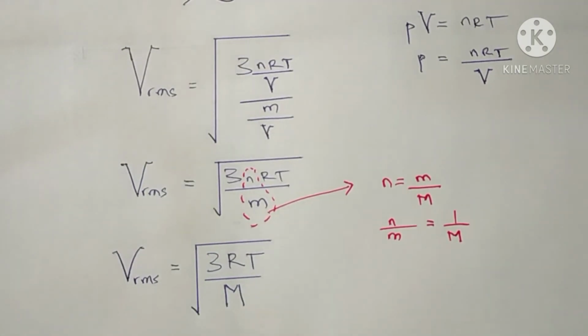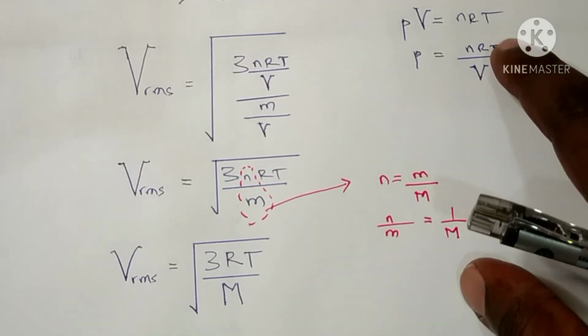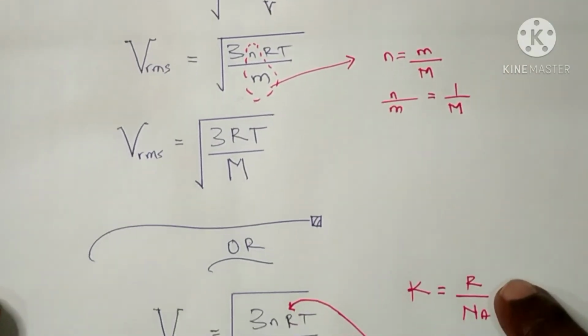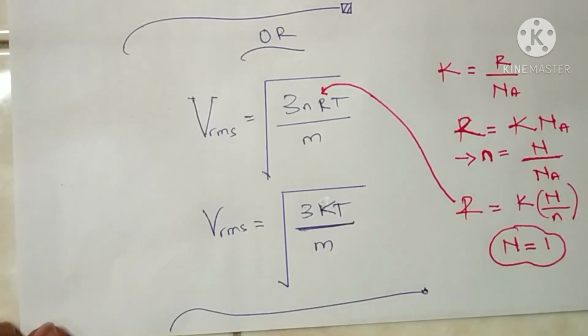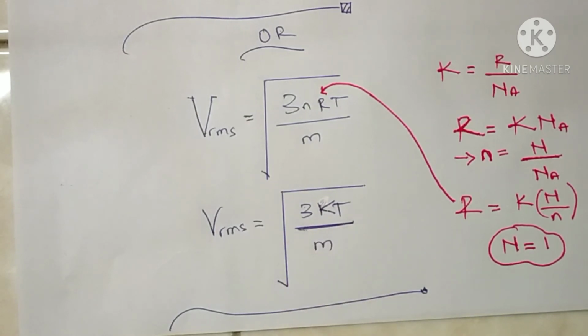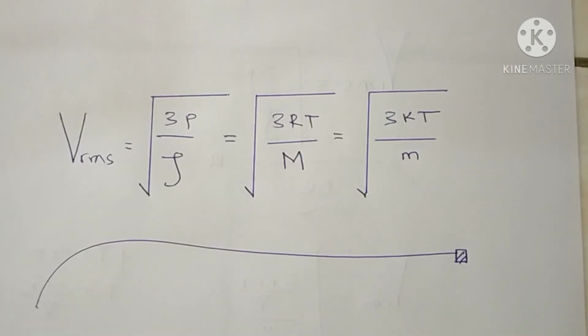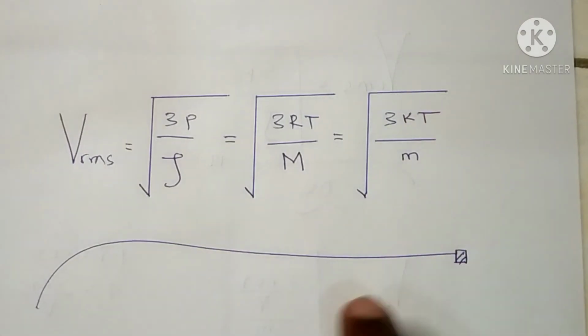And we have another option by relating the ideal gas equation with the Boltzmann constant k, and you get VRMS equals the square root of 3 times the Boltzmann constant k times the absolute temperature divided by the mass of a gas molecule. So you can find the root mean square speed of molecules by using these three formulas.